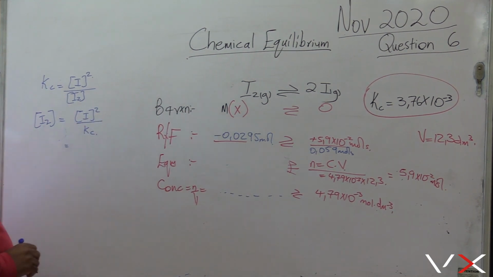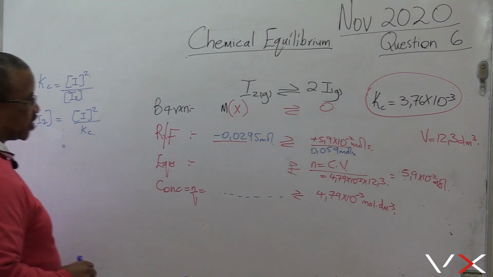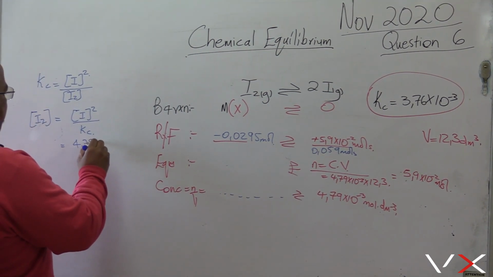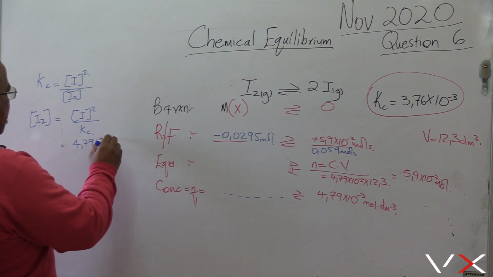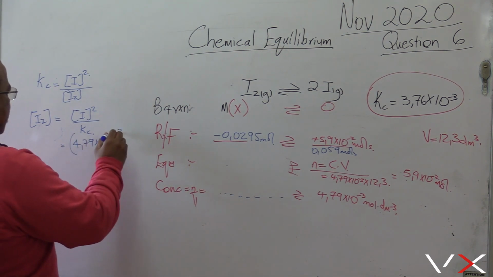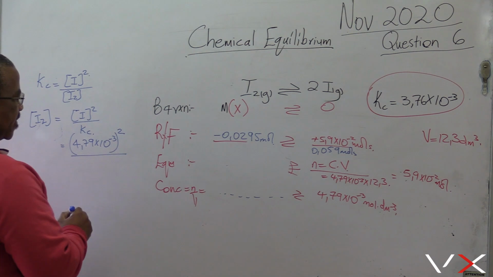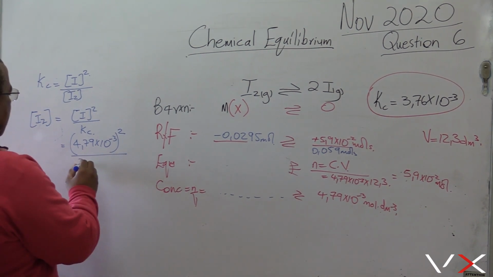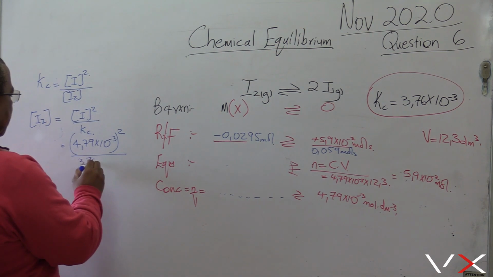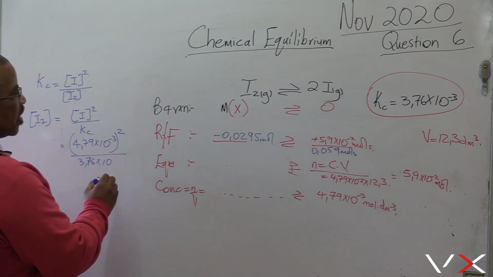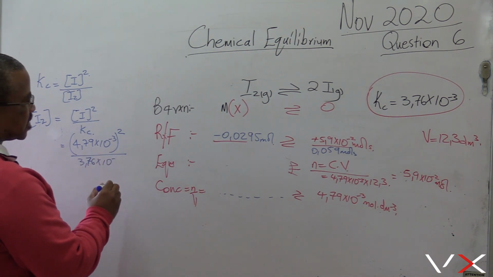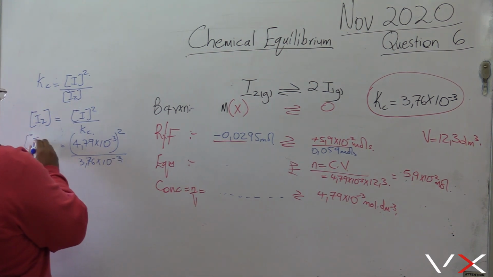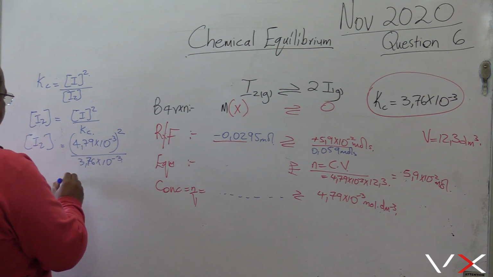The concentration of I squared is 4,79 times 10 to the power minus 3 all squared, divided by Kc, which is 3,76 times 10 to the power minus 3.